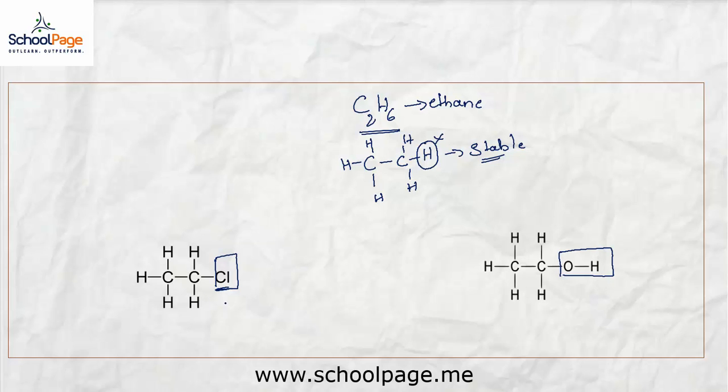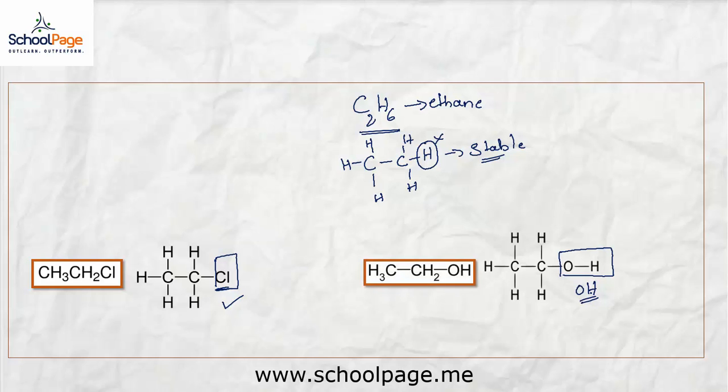In the first case, it is chlorine, and in the second case, it is the OH group. Now, moving on, we can write the molecular formula for the first compound as CH3CH2Cl and the second one as CH3CH2OH.